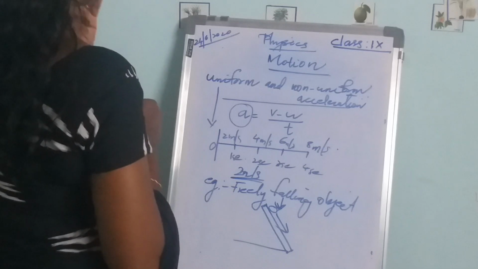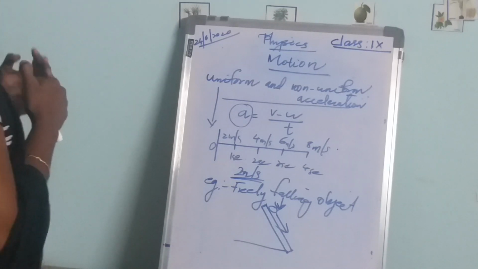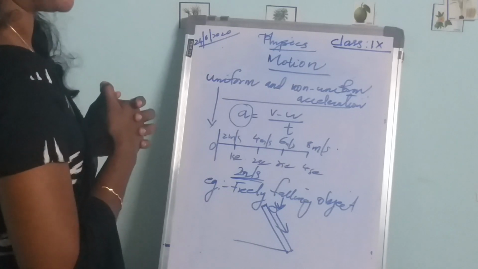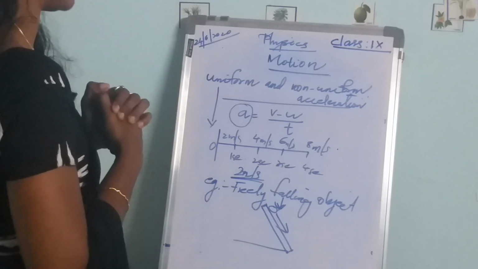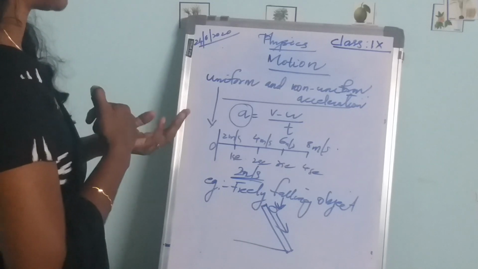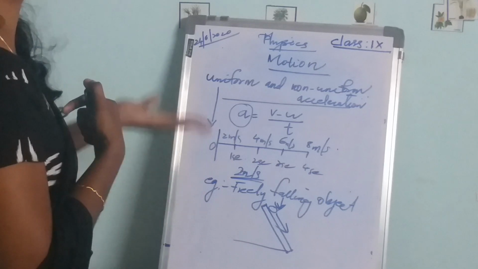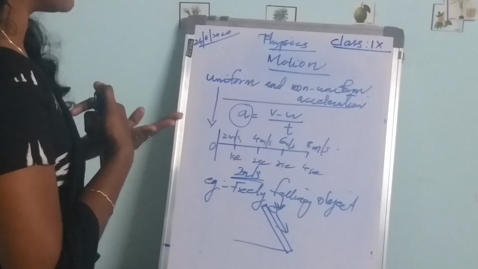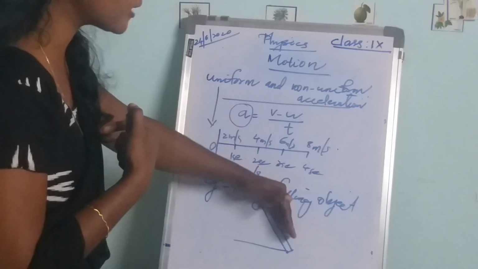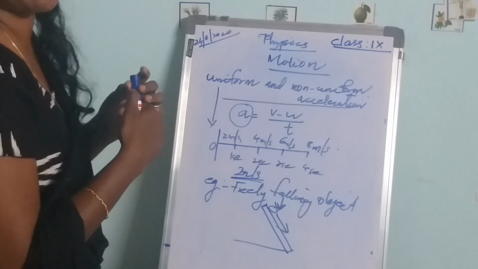If the velocity of an object changes by equal amounts in equal intervals of time, then the motion of that object is said to be in uniform acceleration. For example, the motion of a freely falling object, an object thrown upwards, and the motion of an object along a smooth inclined plane.